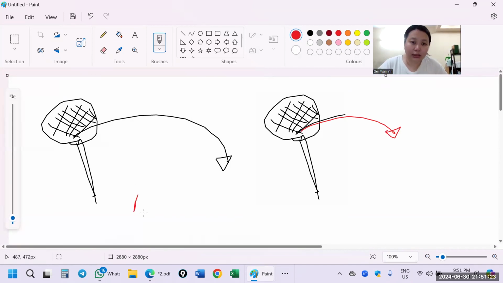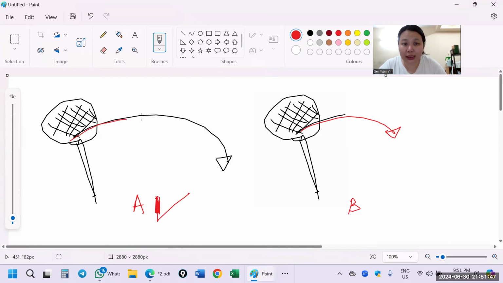Okay, so let's say this is A, this is B. Which way will you make the tennis ball or shuttlecock go faster, go further? A or B? Yeah, A, correct. Why A?